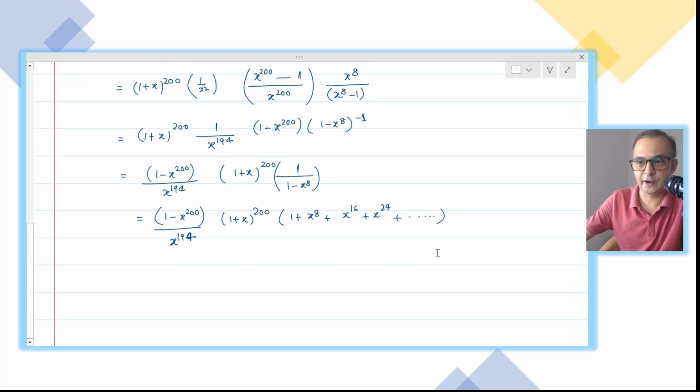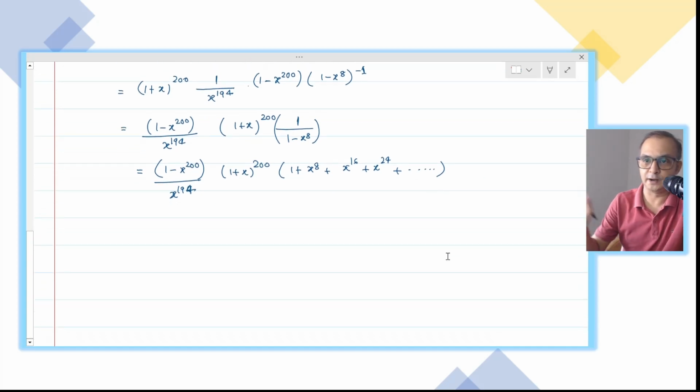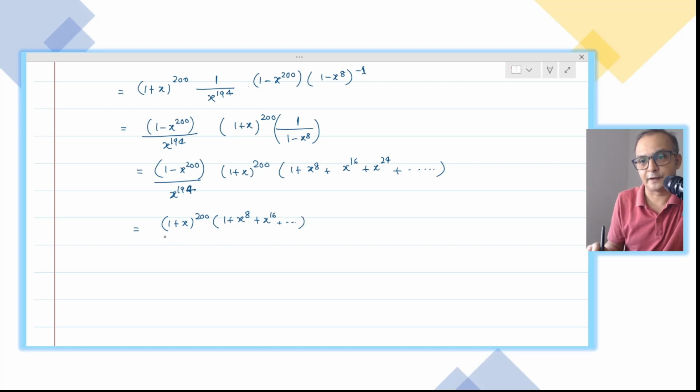Now I wanted to write this whole expansion in two parts, because there's a 1 and there's also this thing. So I'm writing this way, 1 plus x to the power 200 into 1 plus x to the power 8, x to the power 16, and so on, divided by x to the power 194, and minus this whole thing.